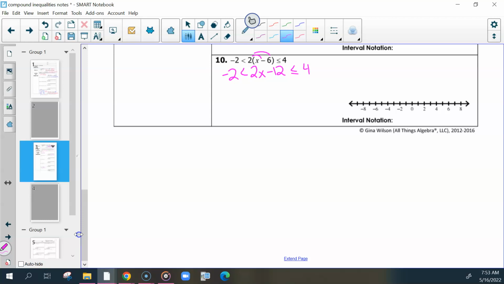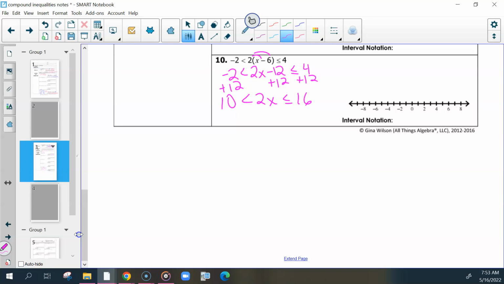Then what? Add 12 on both sides, I guess. Or on all sides, I should say. So add 12 in the middle, add 12 to the two numbers on the outsides. So then we have 10 is less than 2x, which is less than or equal to 16.